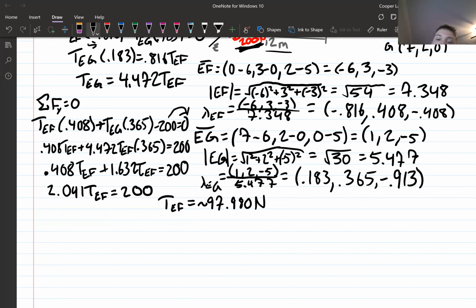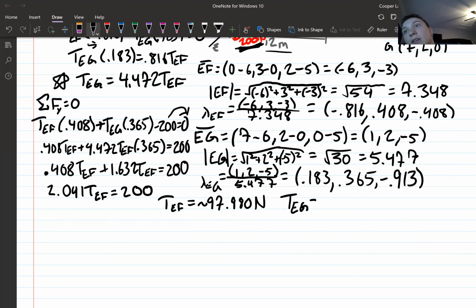And if you're really curious, we could take this value and move it back into our equation up here to solve for TEG. However, we don't really have to in this one because we simply are looking for the force that my TEF value applies to dA.